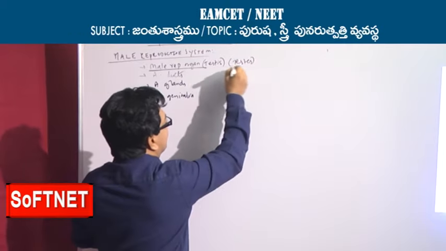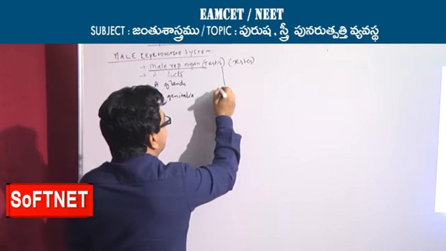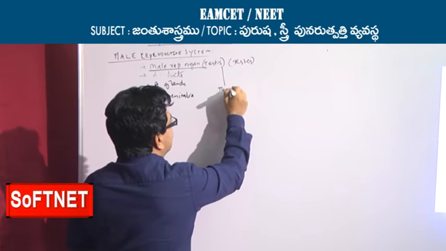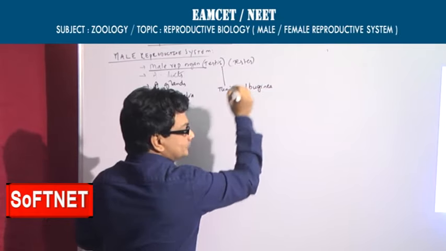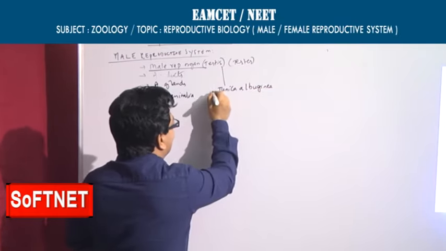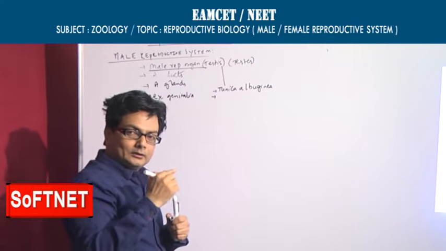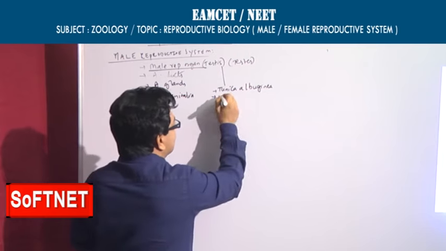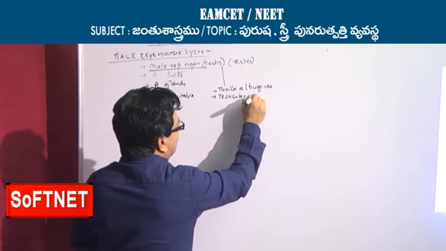When we look at the anatomy of the testis, the testis is covered by a connective tissue called tunica albuginea. It divides the testis into around 250 testicular lobules.